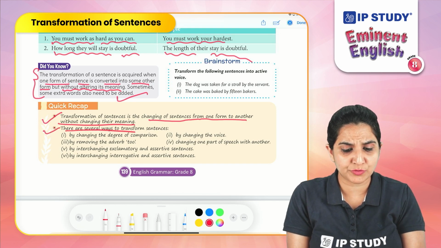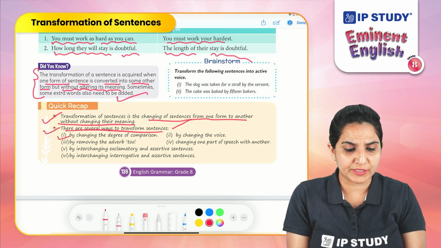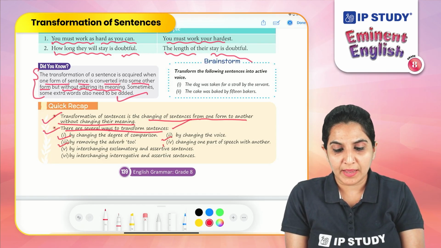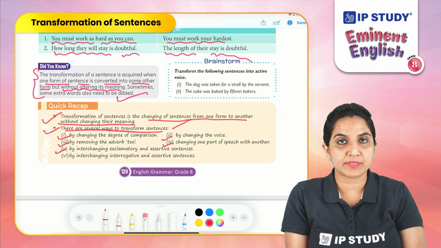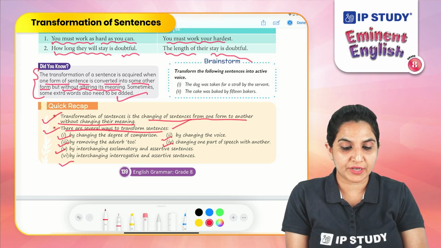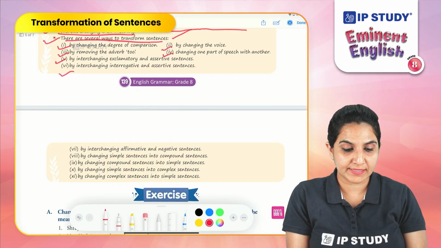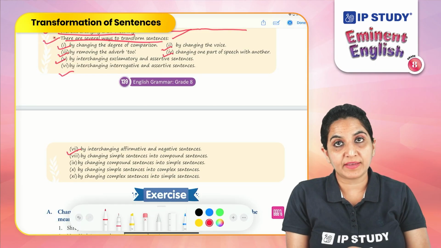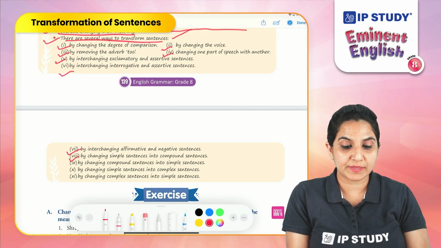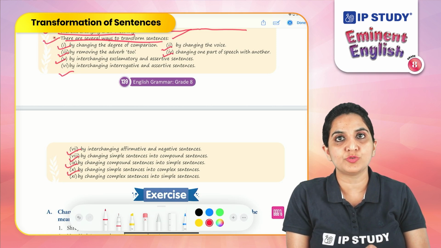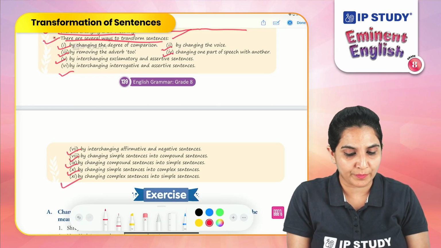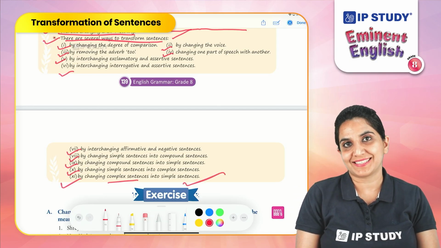There are several ways to transform sentences: by changing the degree of comparison, by changing the voice, by removing the adverb "too," by changing one part of speech with another, by interchanging exclamatory into assertive sentences, and by interchanging interrogative and assertive sentences, by interchanging affirmative and negative sentences, by interchanging simple sentences into compound sentences, by changing compound sentences into simple sentences, by changing simple sentences into complex sentences, and by changing complex sentences into simple sentences.